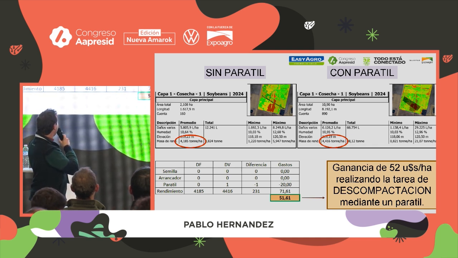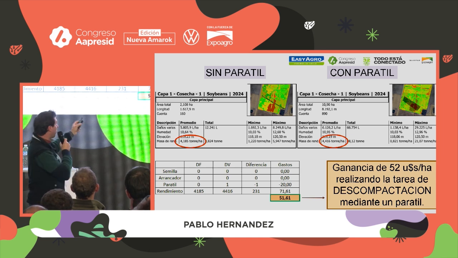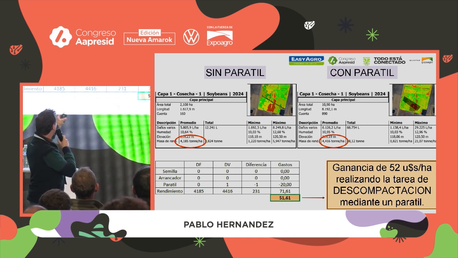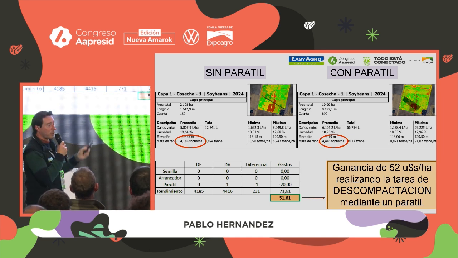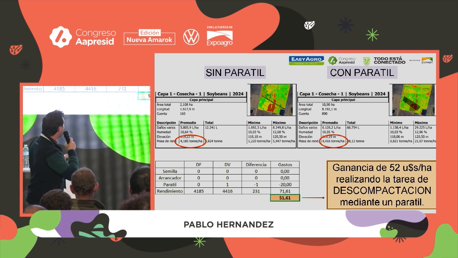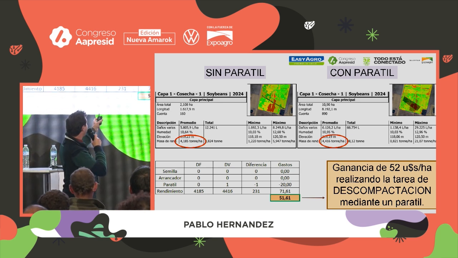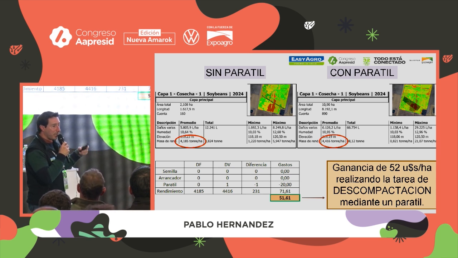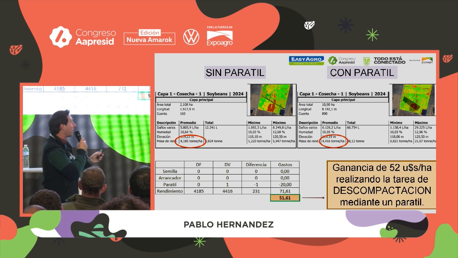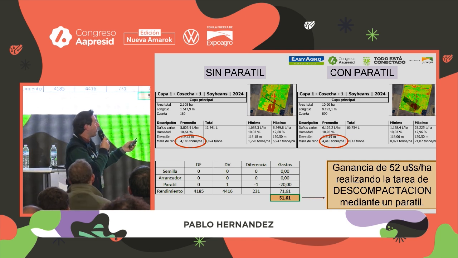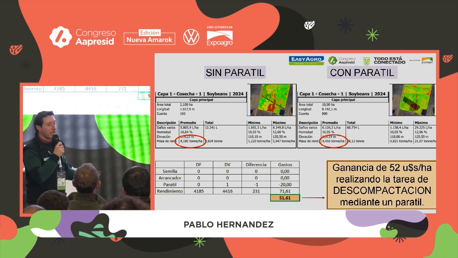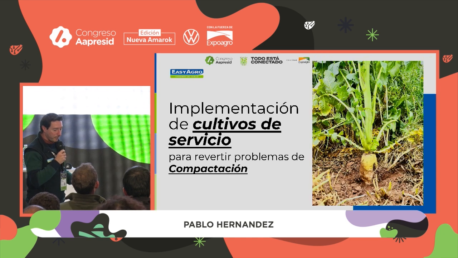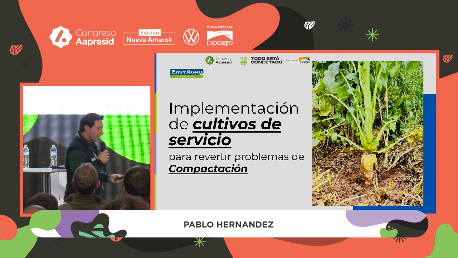So with paratill, it had 4,400 kilos versus a lower amount, and in soybean it gave us 230 kilos more in the second year of paratill. And when we did this with these costs, we had a cost of so much per hectare.